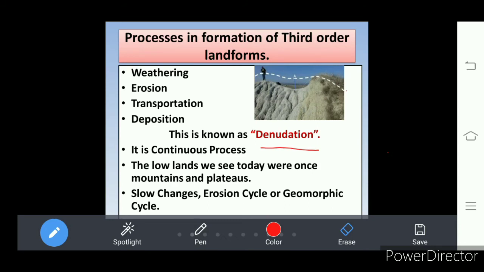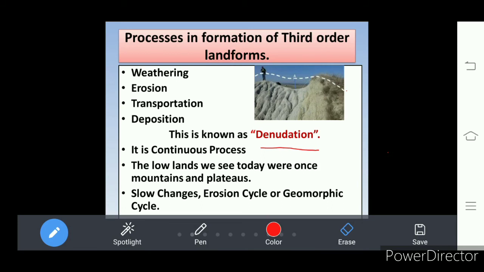Here certain lowlands what we see today were once mountains and plateaus. And they are slowly changed by the denudation. And this process we call erosion cycle also.